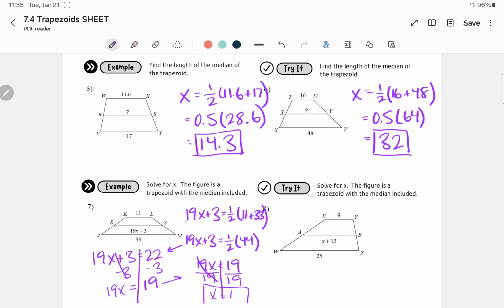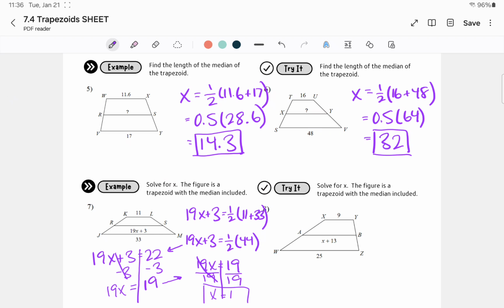Okay, so we started off with this one by saying our mid-segment or our median is equal to half the sum of the bases. We simplified inside the parentheses, and then we multiplied what's inside the parentheses by 0.5 to get 22, and then we solve for x. So go ahead and try number 8 by yourself.